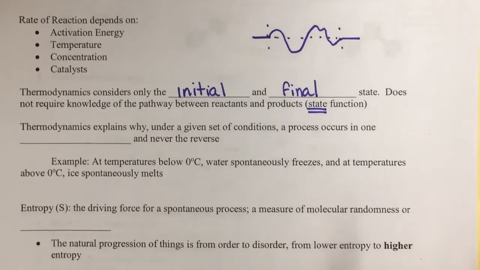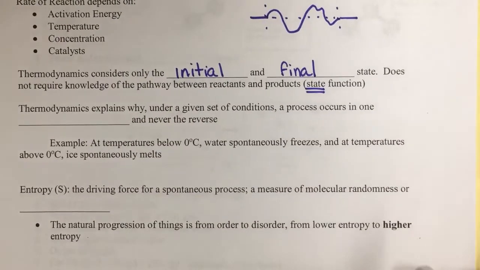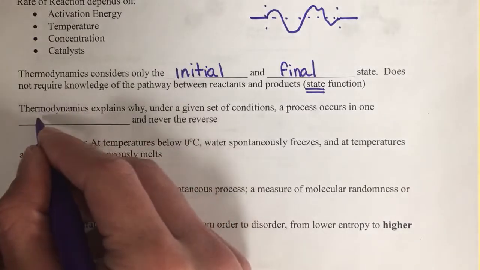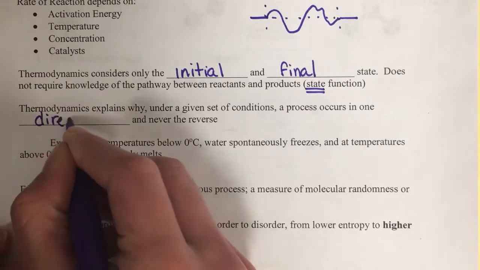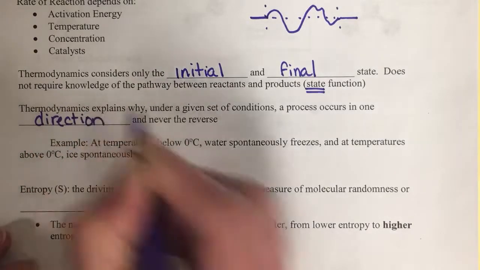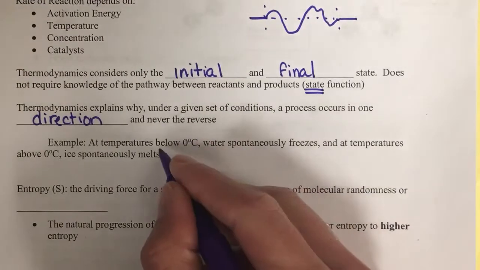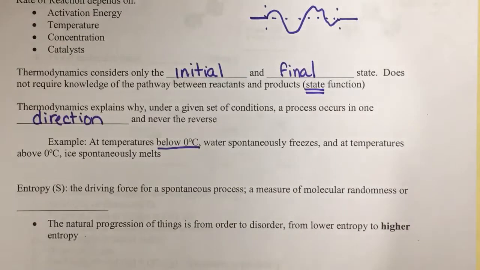Now, when we talk about thermodynamic data, it's going to tell us that a process occurs in one direction. Now, we've talked about this before. When we talk about direction, the example we keep using is ice. Below 0 degrees Celsius, water will spontaneously freeze.